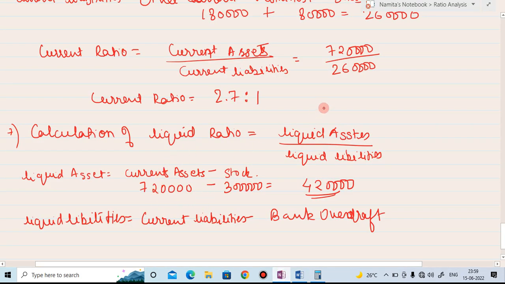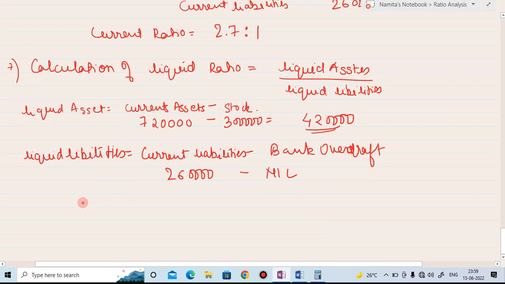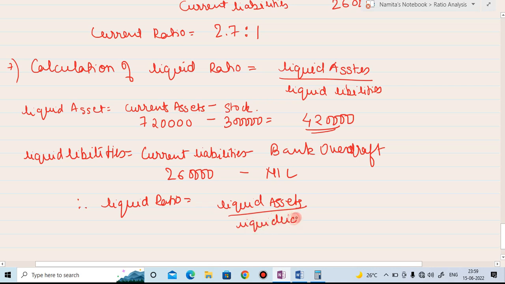So current liabilities total is 2,60,000 minus bank overdraft nil. So hence, liquid ratio is equal to liquid assets upon liquid liabilities.